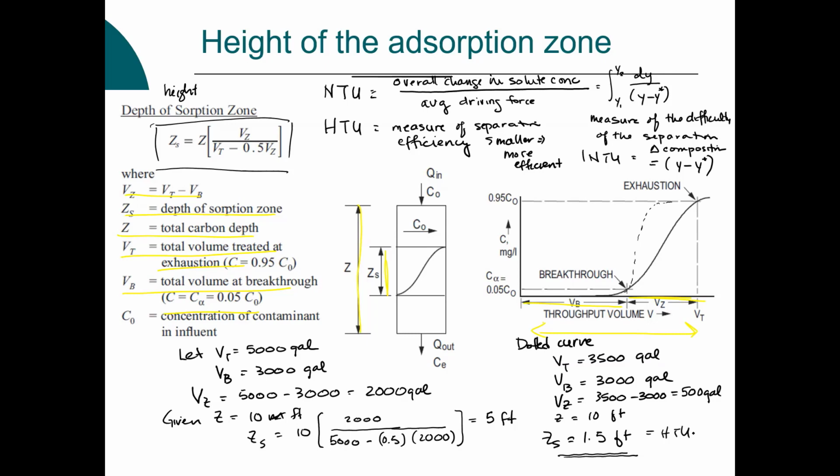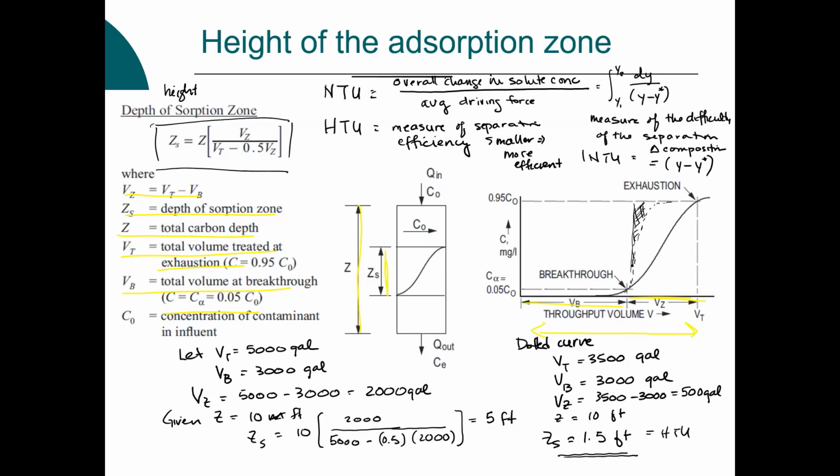So when we look at the difference in these two columns, it's only this portion of the capacity that is wasted.